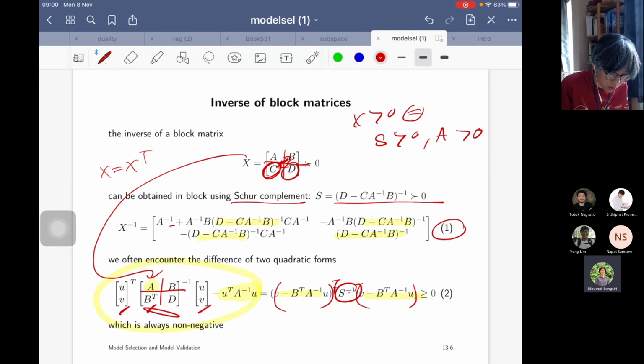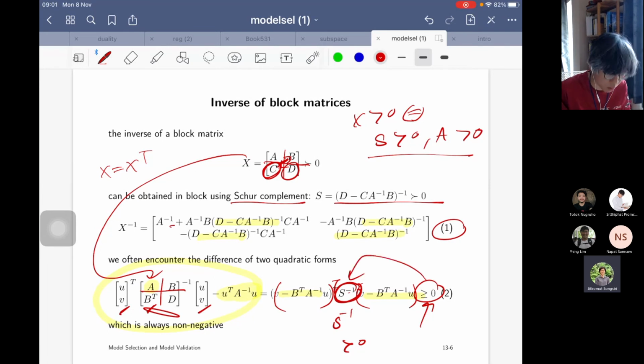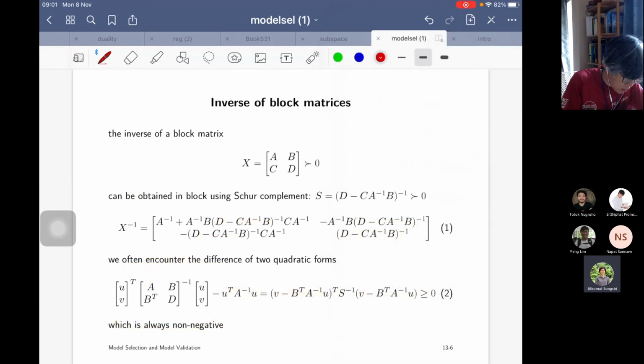But from the result I stated previously, if X is a positive definite matrix, its Schur complement is also a positive definite matrix, which means your S inverse is also positive definite. That gives an important result: this quadratic term is also positive semi-definite because of the non-negativity of the Schur complement. This result is very important.